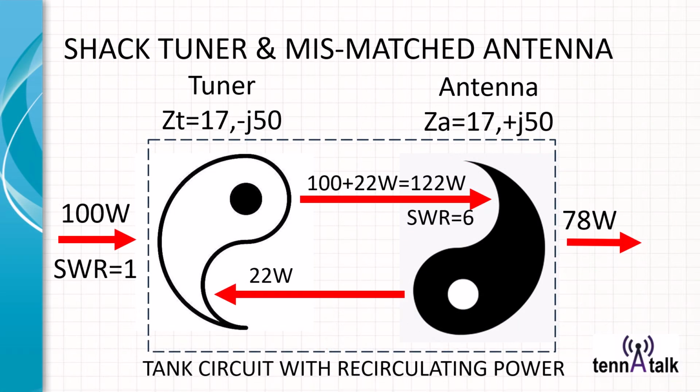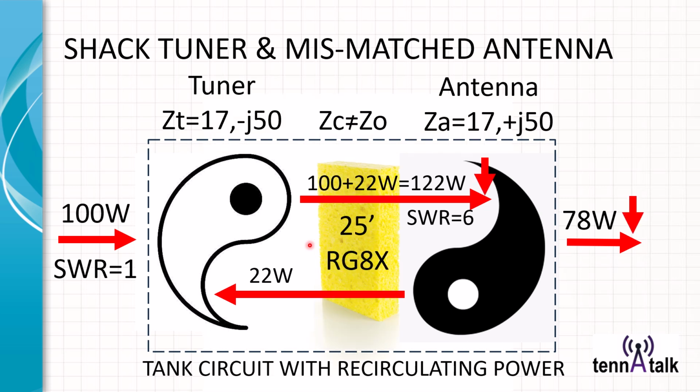Now, if we have a shack tuner and a mismatched antenna, let's say we've got a mismatched antenna at 17 + j50, and that gives us about an SWR of 6. Well, guess what? I'm putting 100 watts in here, and 100 watts adds up to the 22 watts of return power after the reflection up here from the SWR of 6. 22 watts comes back, combines with the 100 watts, and presents 122 watts, some of which again gets lost and recycled and returned.